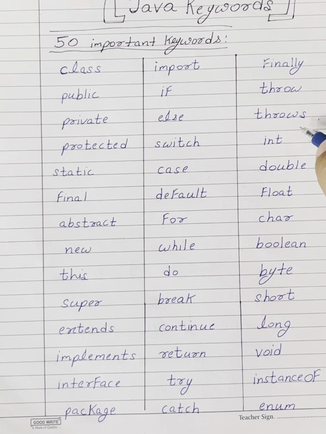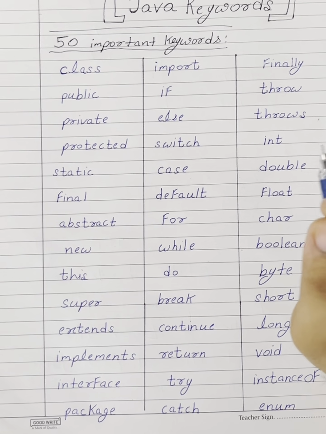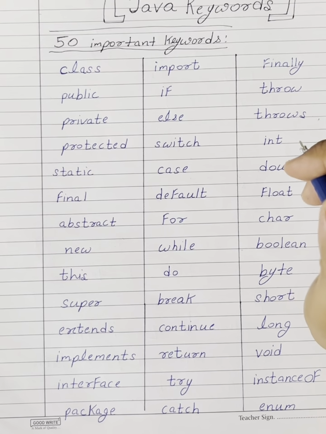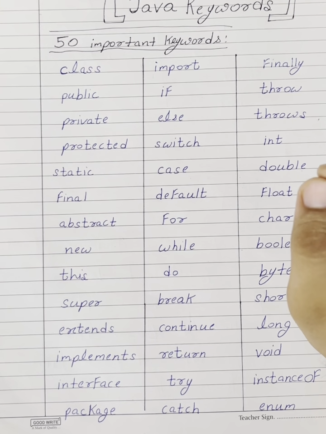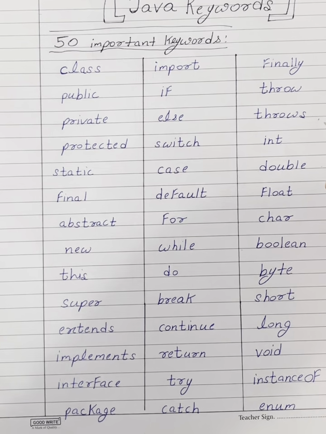Next is the throws keyword. This throws keyword, guys, is used in the method declaration to specify the exceptions that a method may generate during its execution. And instead of handling an exception within the method, this keyword passes the responsibility of handling that exception to the calling method.